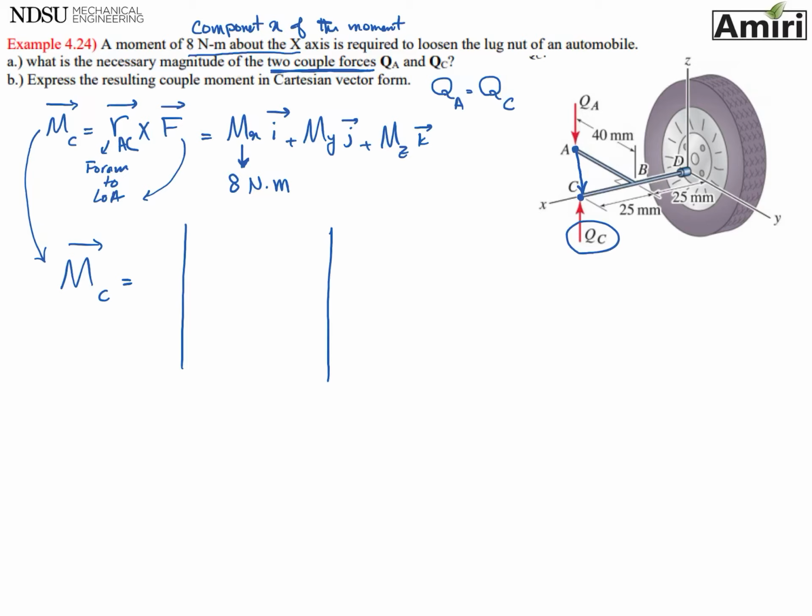All right, so let's fill the matrix. This is R cross F, so I need ijk. I'm going to write ijk in my matrix. The second row is going to be the position vector R, A, C. Let me quickly make the table I like: X, Y, Z. A is located at 25 millimeters, minus 40 Y and 0 Z. Oh, I don't need B, I need C, sorry.